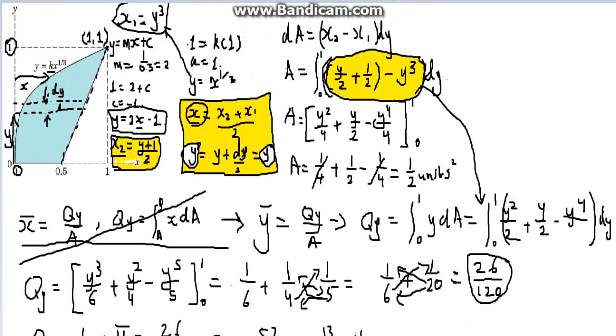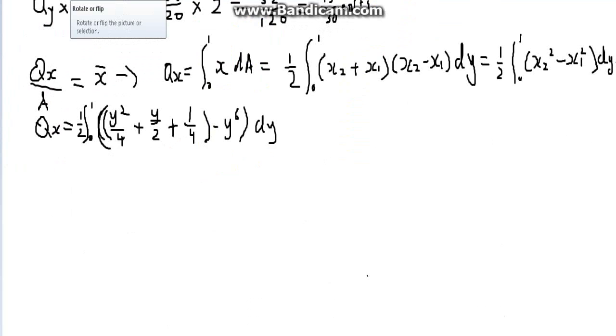Okay, do you guys realize if you square y plus 1 divided by 2, you're going to get your two brackets, you're going to have to expand those out. It's basic high school math. Okay. Let's just do the quick integration here now. Get the half outside.